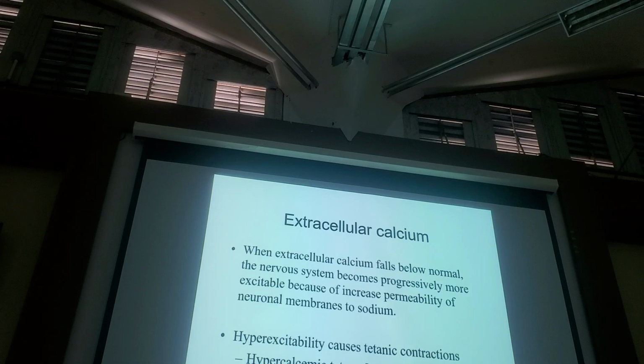So when extracellular calcium falls below normal, the nervous system becomes progressively more excited because of increased permeability of neuronal membrane to sodium. So something I should have said by way of introduction is that the parathyroid glands are essential for life. For argument's sake, if the body lacks thyroid gland or lacks thyroid hormone, you can supplement it and the person can still survive.